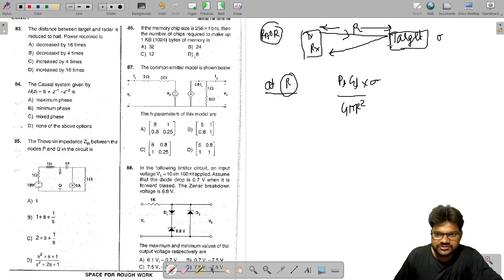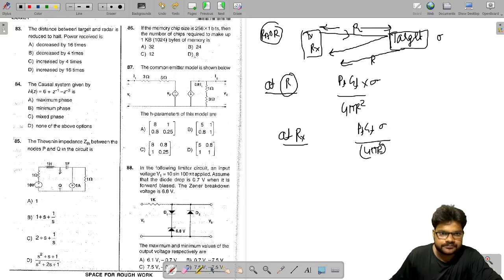Now this target again transmits the power, so at the receiver, at r distance again, the power will be Pt Gt sigma upon 4 pi r square, whole square.